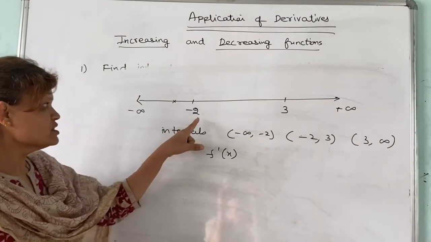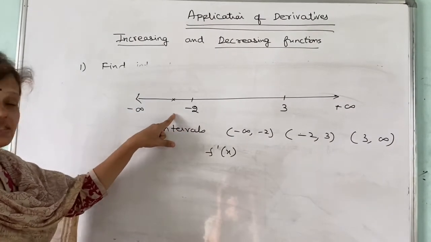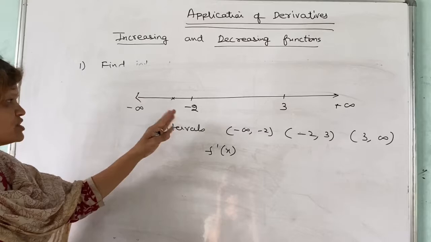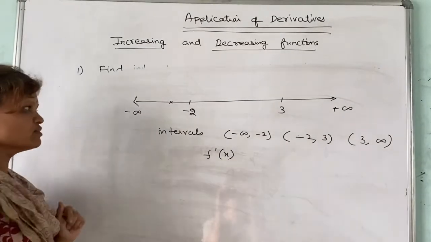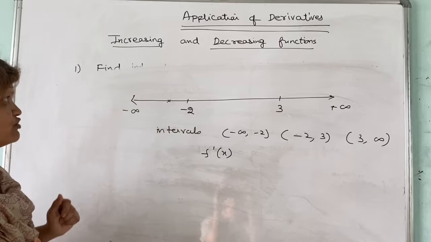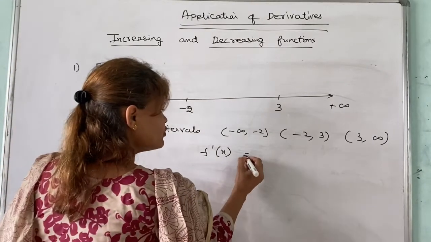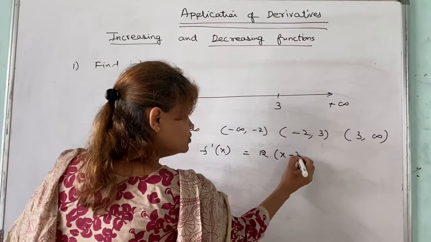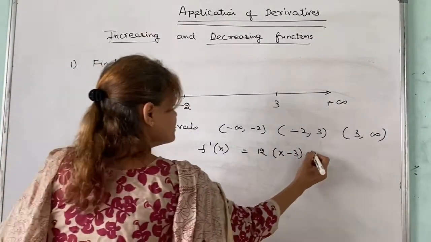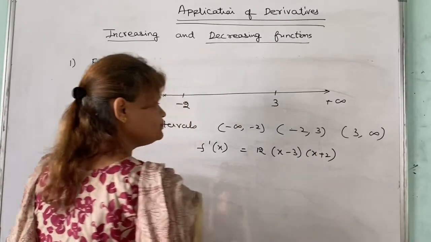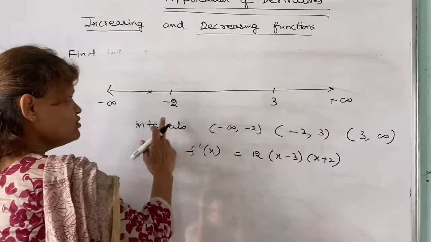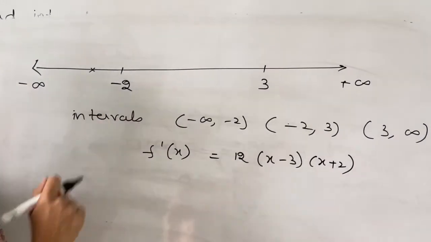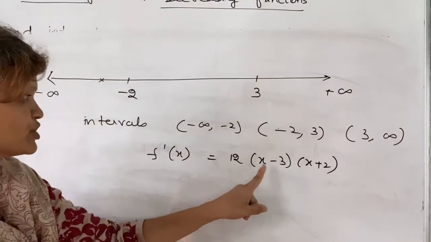So this is minus 2, so you can take minus 3, just any neighborhood value to the left side of that or lying in this interval. So if you substitute, your f dash of x is 12 into x minus 3 into x plus 2. This was your f dash of x. Now in that let us say you substitute minus 3.